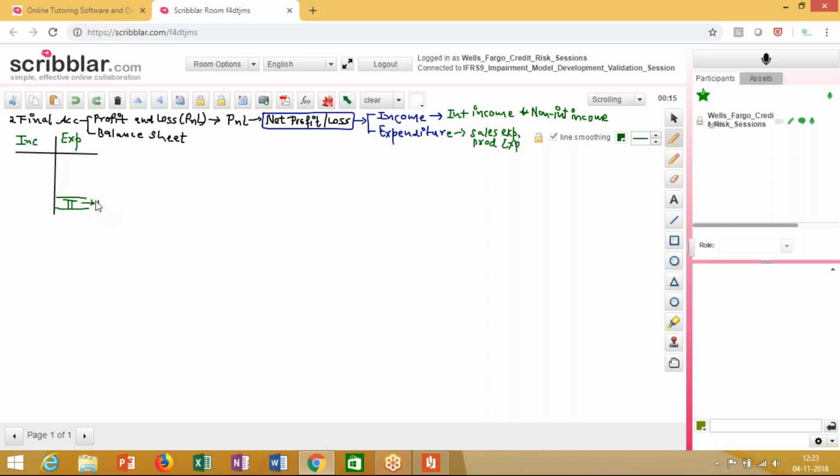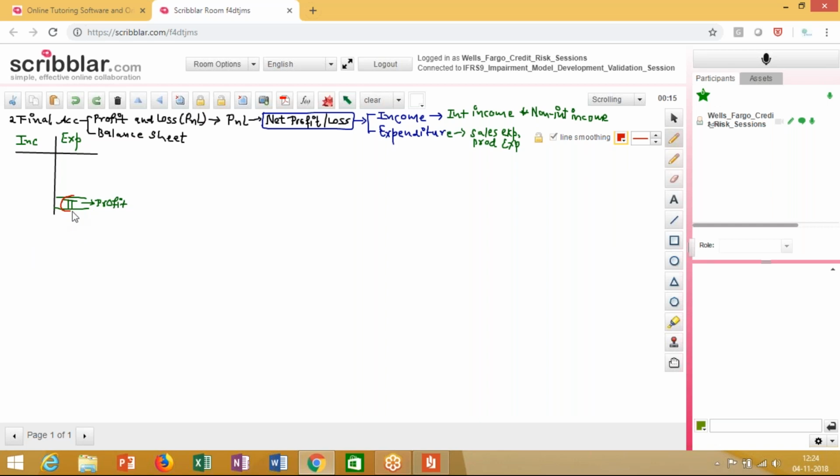Now this profit is adjusted to something before you decide whether it is going to be a net profit or a loss. The profit that you earn is very important for the business to survive, and it has many components.